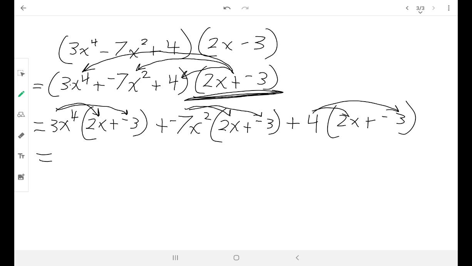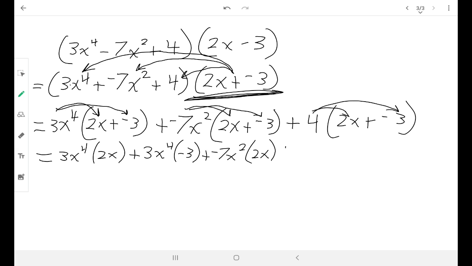So you do 3x to the fourth times 2x plus 3x to the fourth times negative 3 plus negative 7x squared times 2x plus negative 7x squared times negative 3 plus 4 times 2x plus 4 times negative 3.